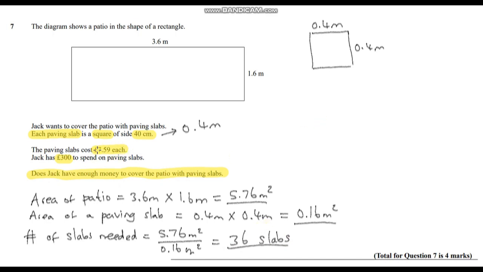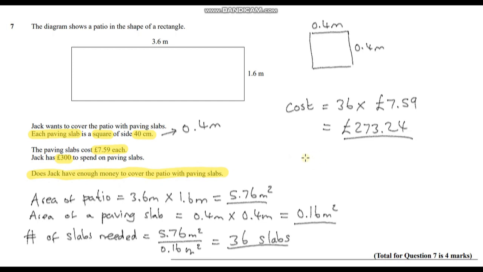And we know how much each of the slabs costs: £7.59 each. So to work out the cost, it's going to be 36 multiplied by £7.59. Put that into the calculator and we get £273.24.